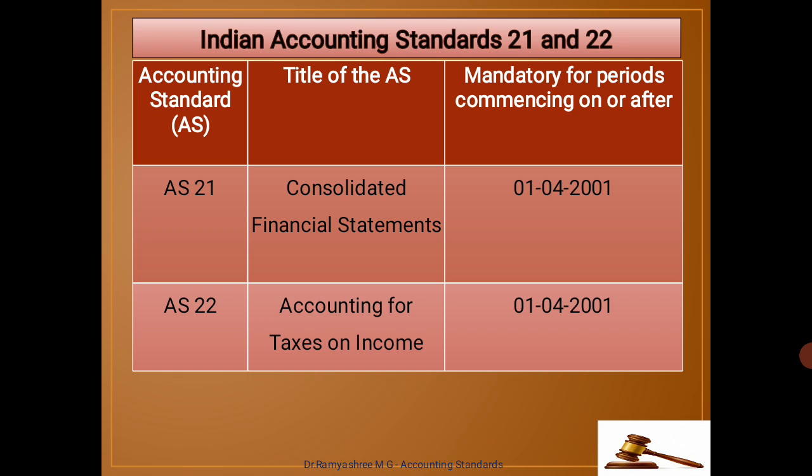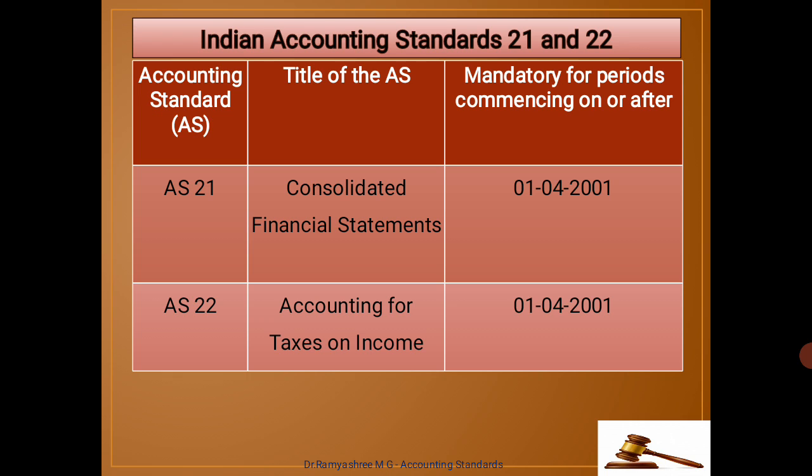It is mandatory in nature for all the accounting periods commencing on or after April 1st, 2001 in respect of enterprises whose equity or debt securities are duly listed and enterprises that are in the process of issuing equity or debt securities which will be duly listed.